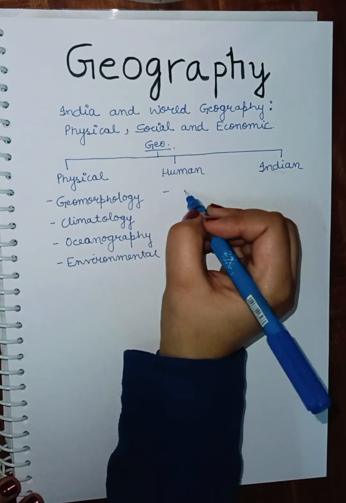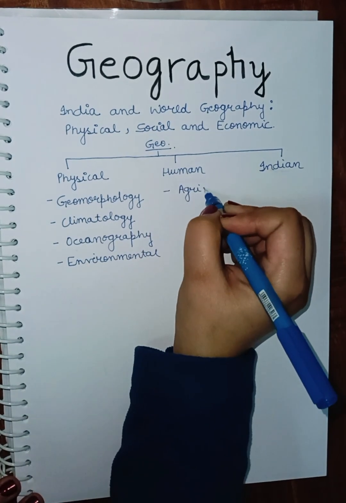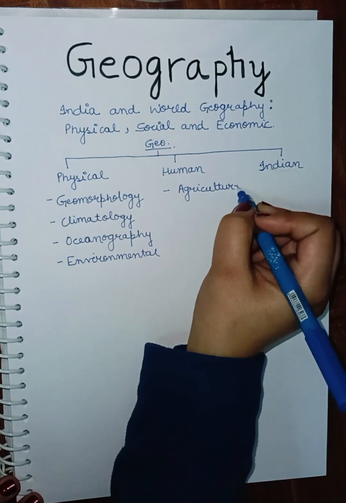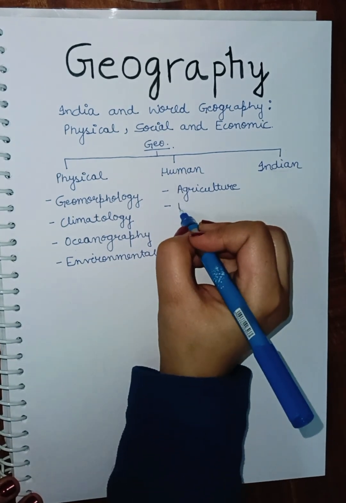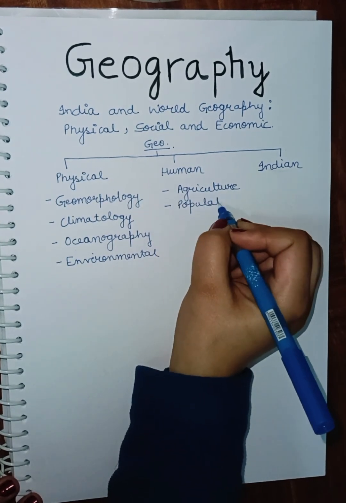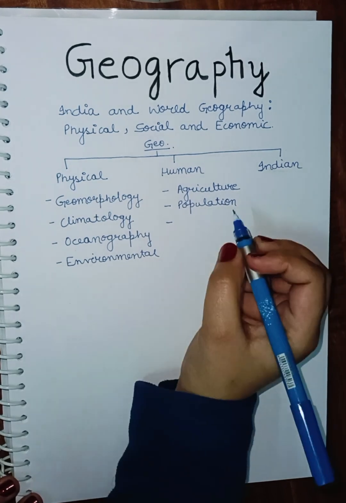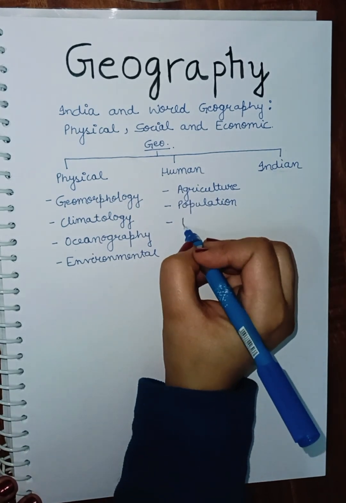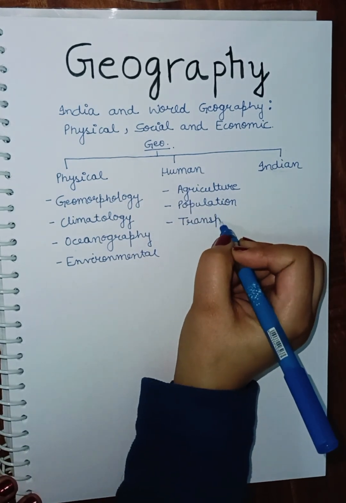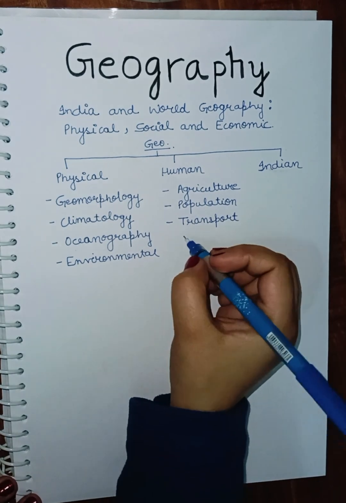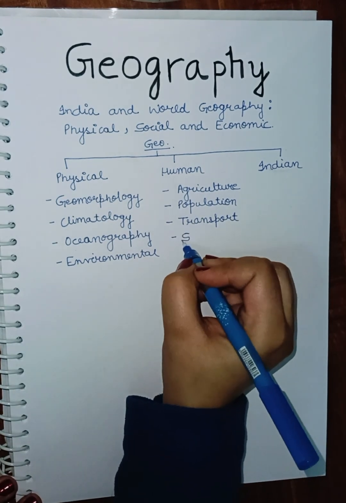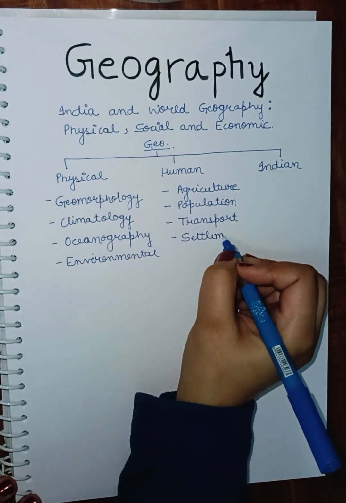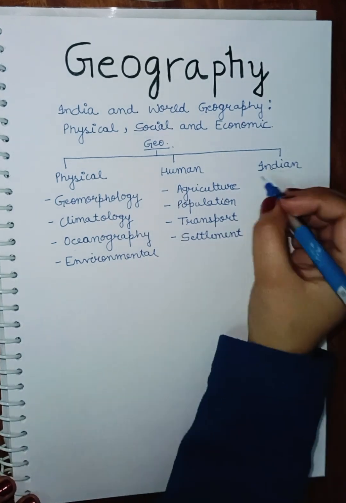In human geography, we have agricultural geography, population geography, transport, settlement, and some other miscellaneous topics.